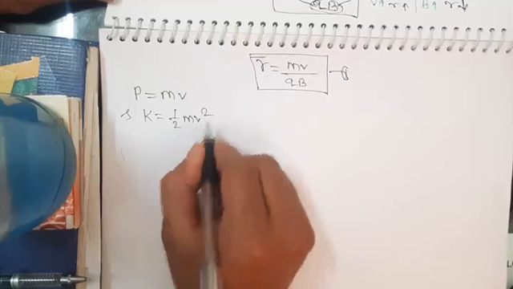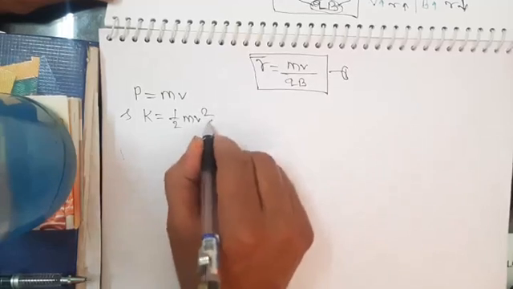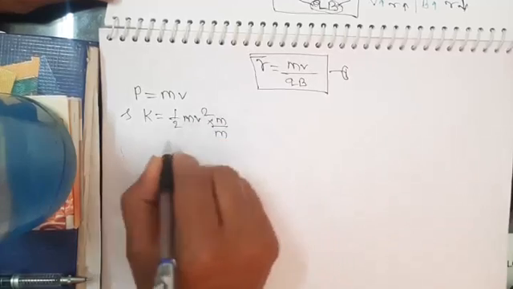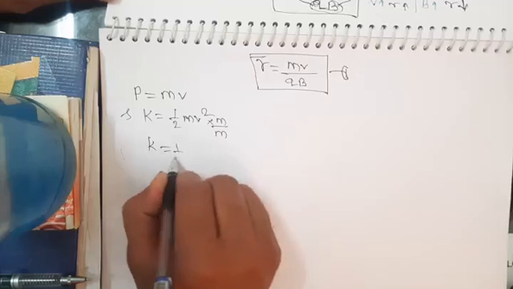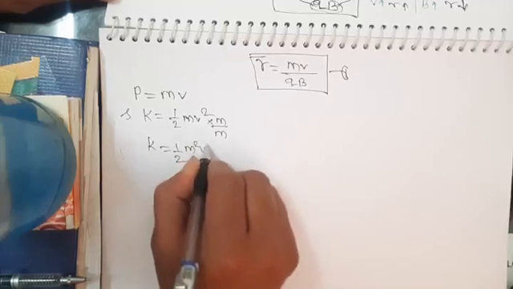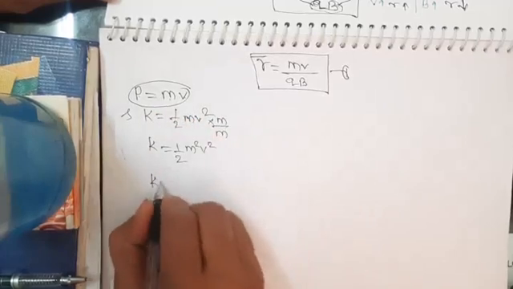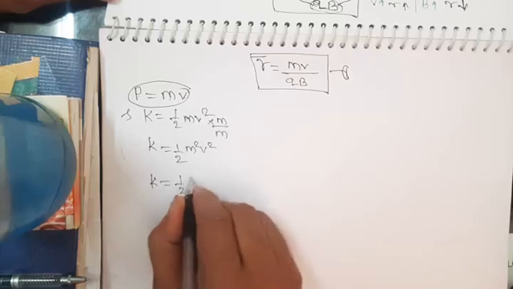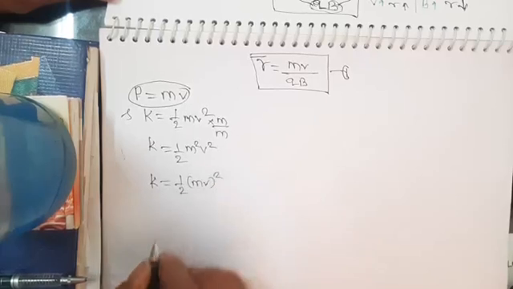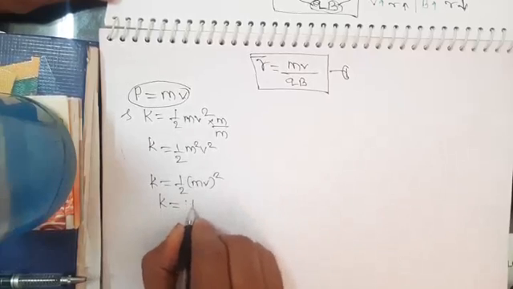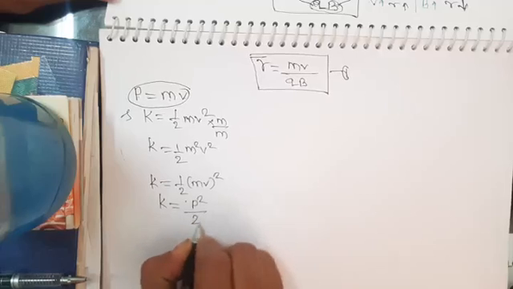half mv square. I will multiply this equation by m and divide by m. So m and m multiply, it becomes half m square v square. And what about this m and v? It becomes p. So K is equal to half m into v the whole square, so K is equal to p square divided by 2m.